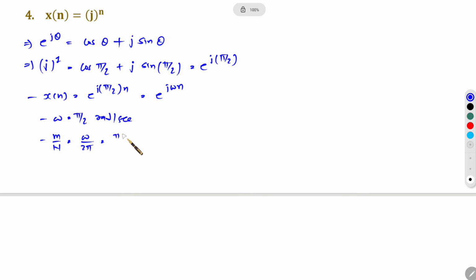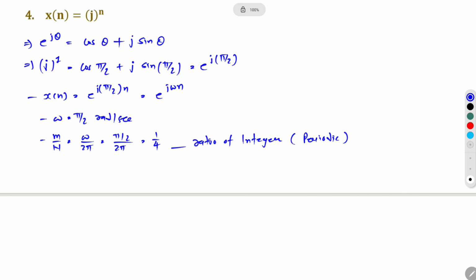Omega is pi by 2 divided by 2 pi. Pi is getting cancelled, this is 1 by 4, right? And it is a ratio of integers. What it means is the given signal is a periodic signal, right?